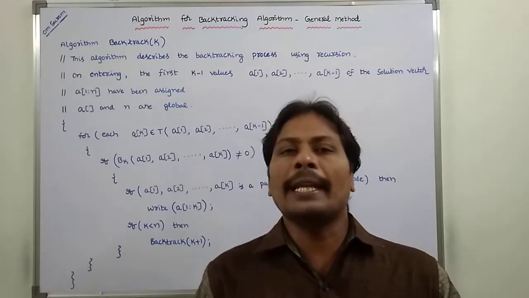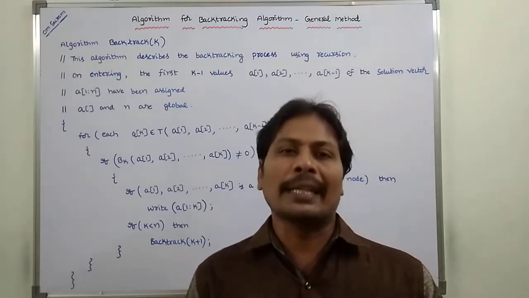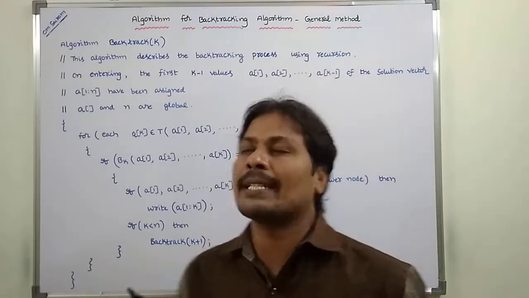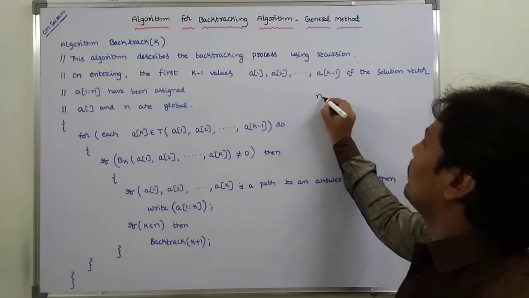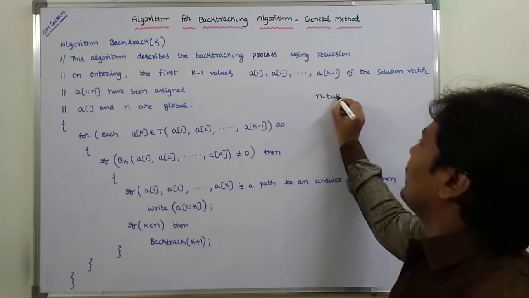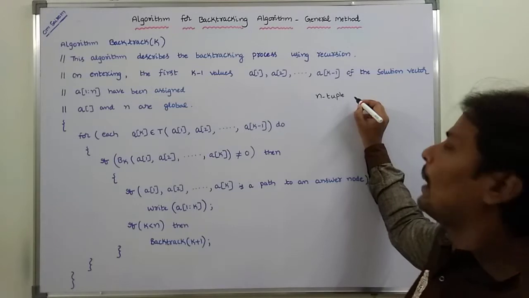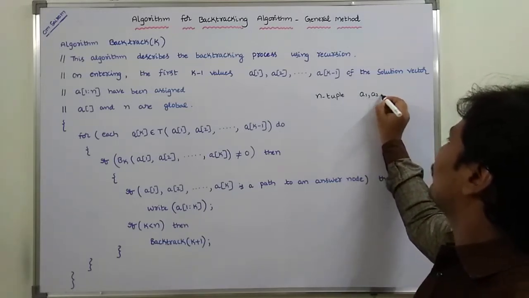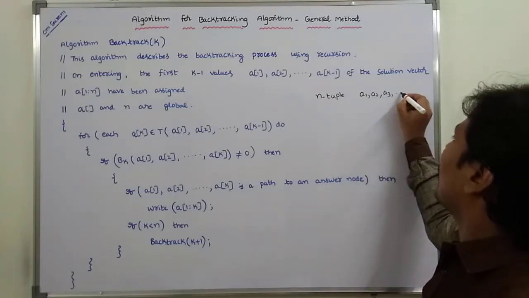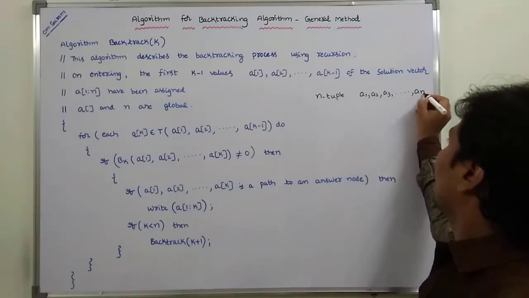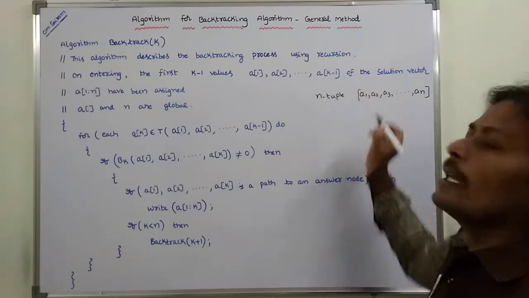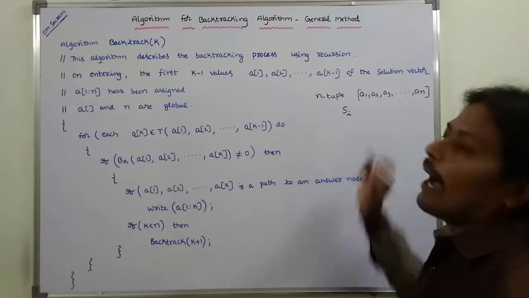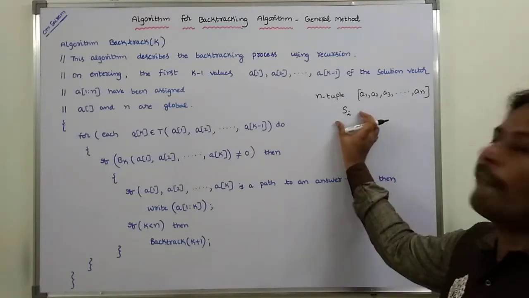In many applications of the backtracking method, the desired solution can be expressed as an n-tuple. This n-tuple can be expressed as a1, a2, a3, up to an, where each ai can be chosen from the finite set Si.